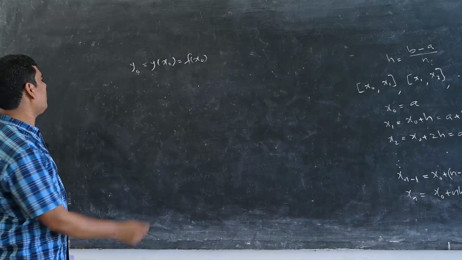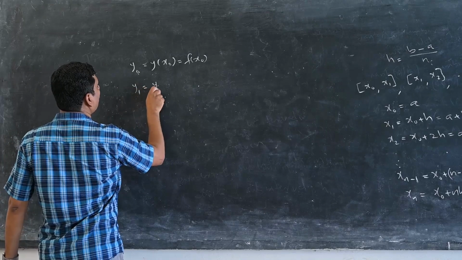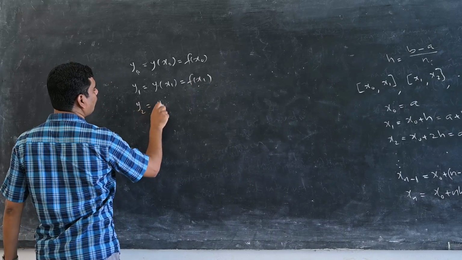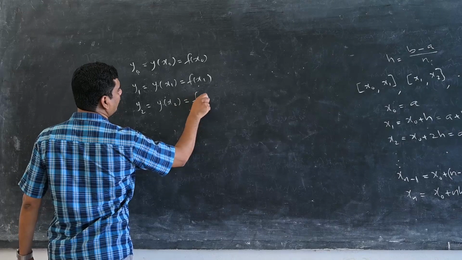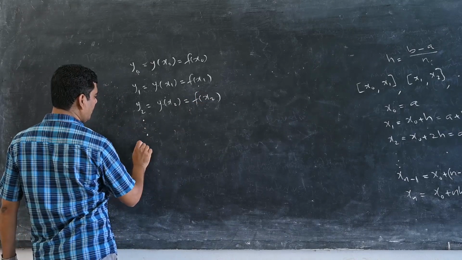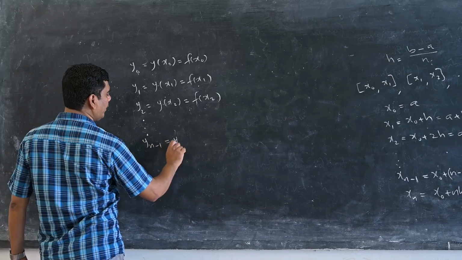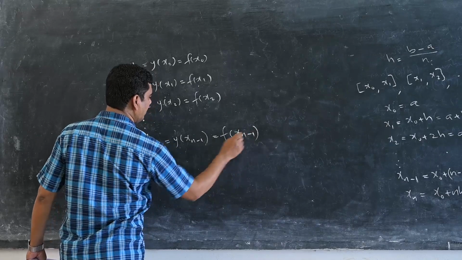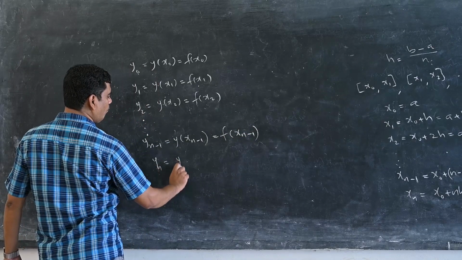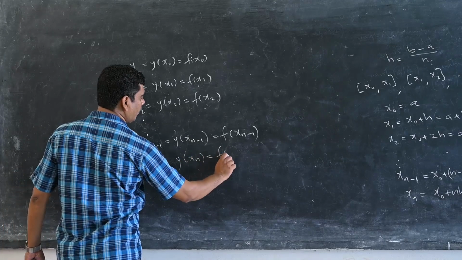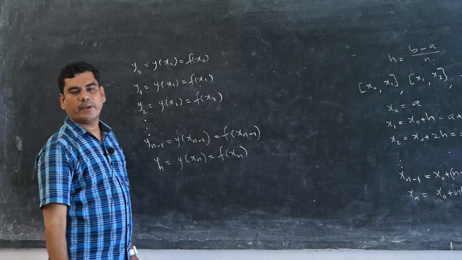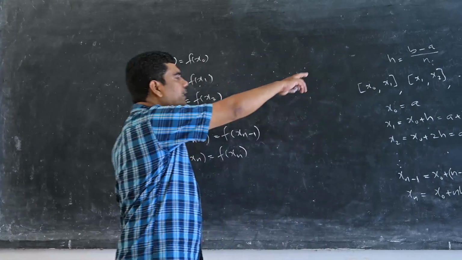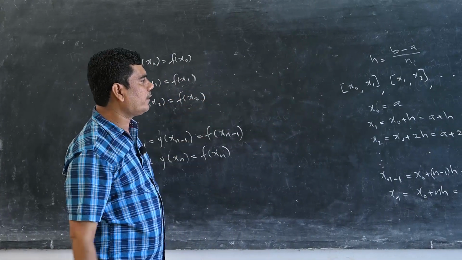Here y is f of x. y1 is equal to y of x1 is equal to f of x1. y2 is equal to y of x2 is equal to f of x2, etc. yn minus 1 is y of xn minus 1 is equal to f of xn minus 1. yn is equal to y of xn is equal to f of xn.